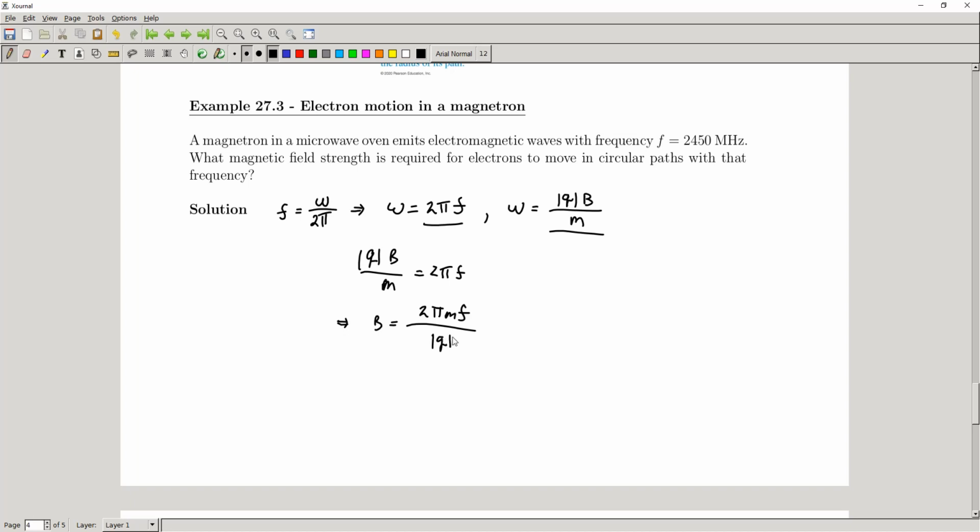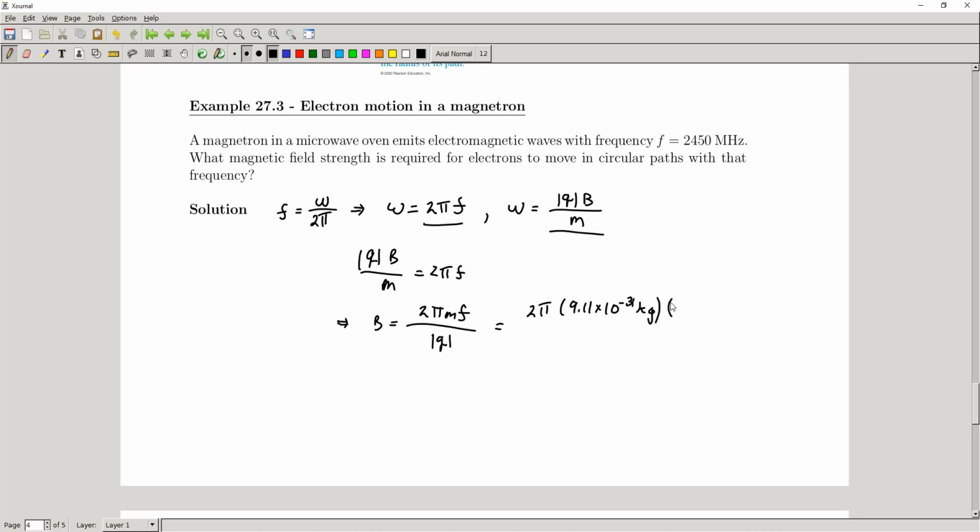We simply need to look up what the charge and mass of our electrons are going to be. We know what the frequency is here, and so we can just substitute in numbers. This is going to end up being 2π times our mass, which you would need to look up or memorize, in kilograms.